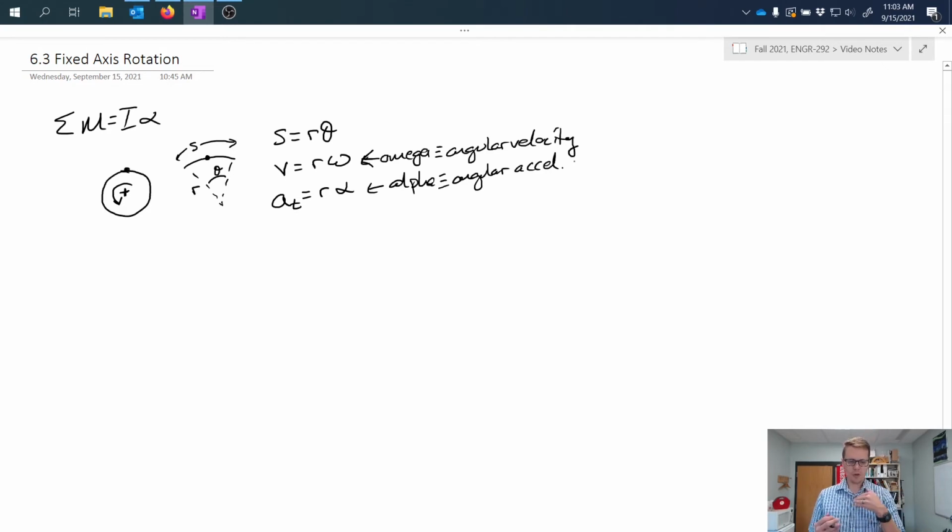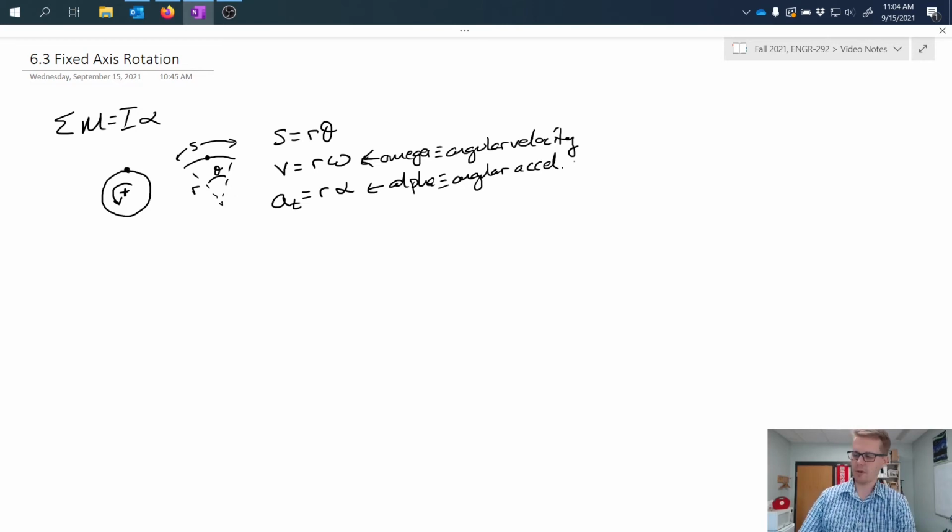So we have these representations of position in terms of arc position S, velocity v, and acceleration in the tangential direction at least, which look pretty straightforward, right? We're just taking our linear approximations and turning those into the angular components, which are theta, omega, and alpha.